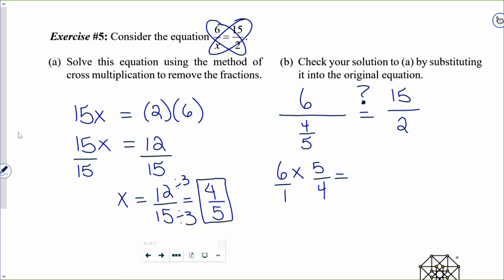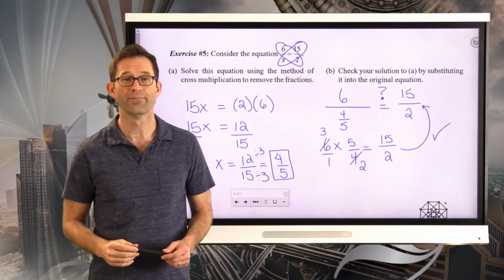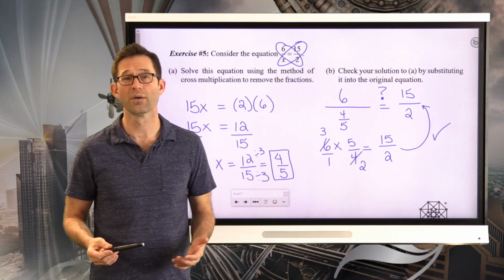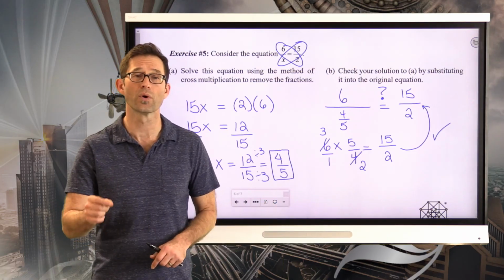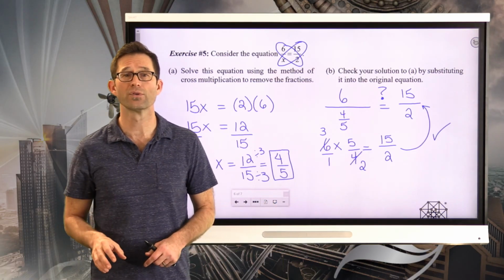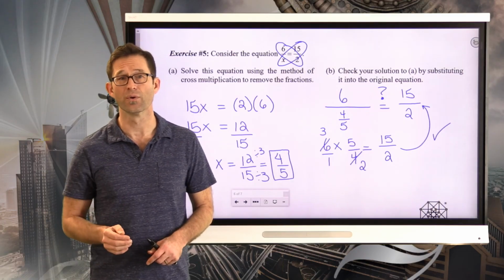But now I could do a little cross-canceling if I wanted, right? I can make that into a 3, I can make that into a 2. And now I have 3 times 5, which is 15, 1 times 2, which is 2, and there it is. So yeah, it checks, right? And it's always a good thing to remind ourselves that we can check solutions that we get to equations by putting them back into the original equation to see if it makes it true.